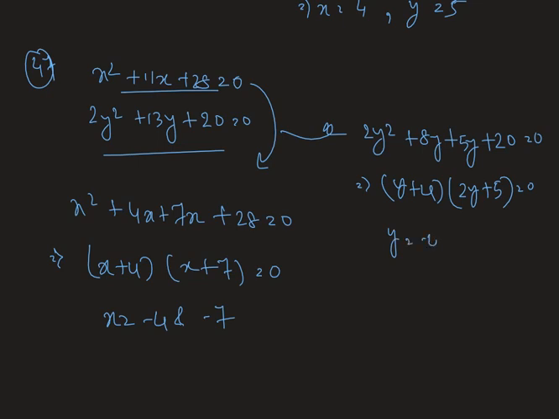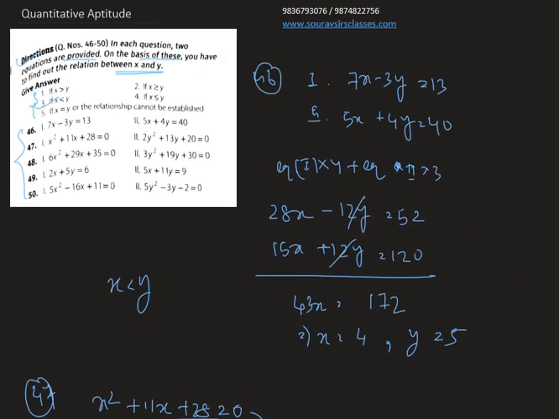Hence y equals minus 4 and minus 5 by 2. And from these two values we can say that x is less than or equal to y. That is, option 4 is correct for this question.